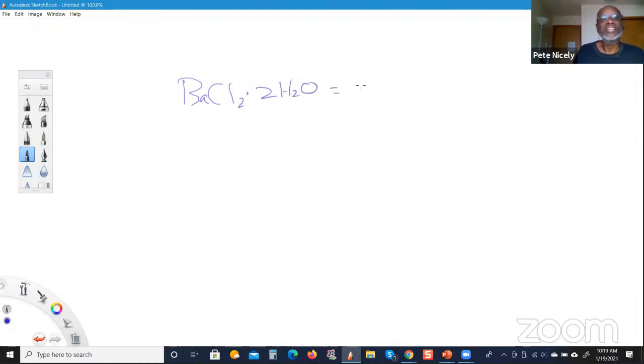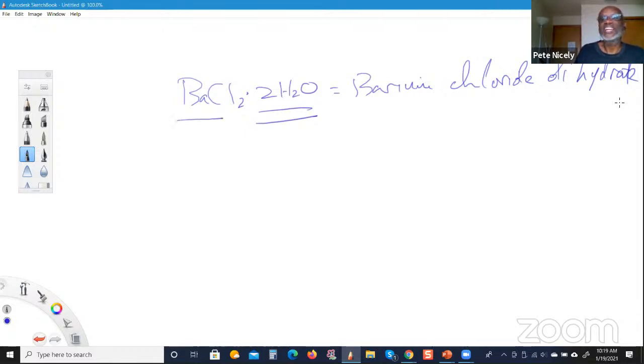The name of this compound is barium chloride, and to indicate the number of water molecules, we use the prefix di and then hydrate. So that's how we name this compound: barium chloride dihydrate. Barium chloride is easy to understand based on this part here, but the dihydrate comes from the fact that you have 2 water molecules present per formula unit of barium chloride.